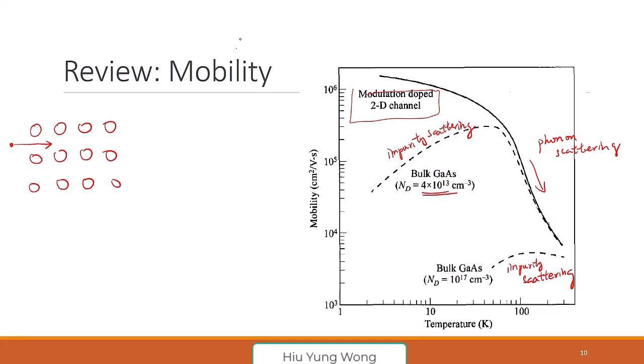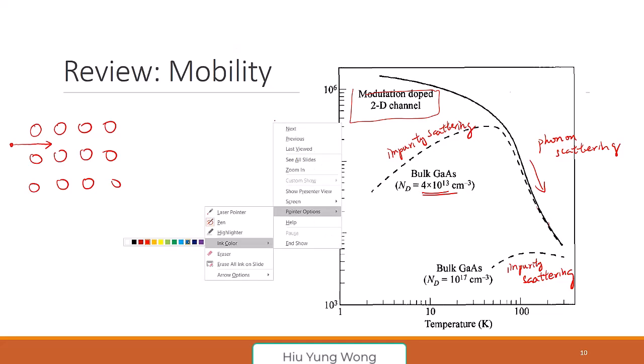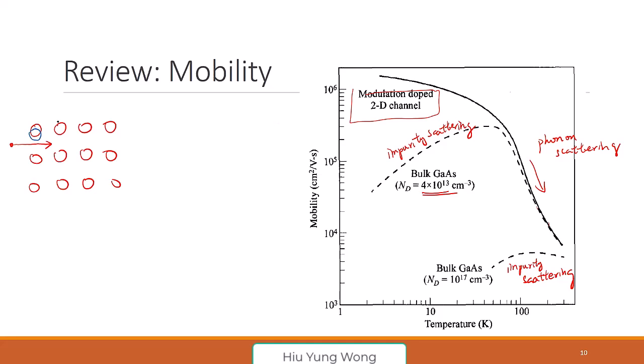Phonon scattering means at high temperature, your lattice keeps vibrating. So sometimes it may come here, sometimes it may go here. Of course, you will keep knocking on the atoms and then you lose energy. That's why mobility goes down. Is that okay? This is phonon scattering. Any question on this?